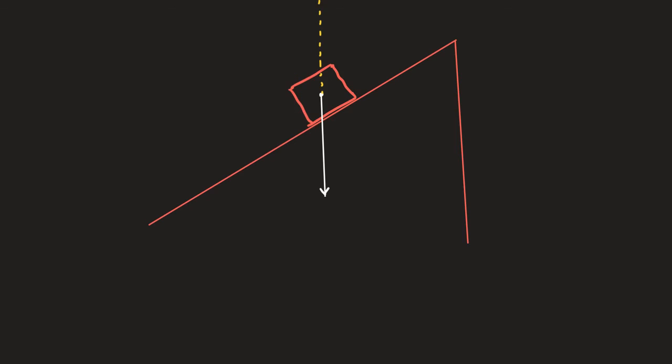Our forces are going to be broken up into components later. You know that's coming. But I need to know that there is an upward force that's at least as big as the downward force from gravity, because the box doesn't go up or down.